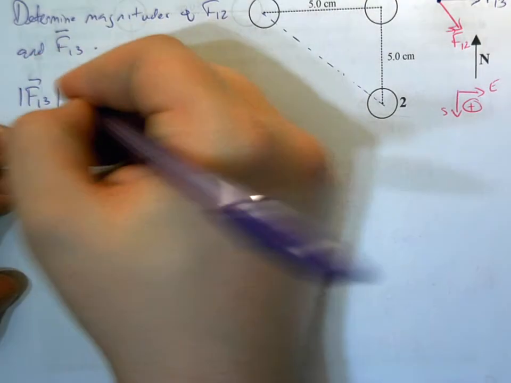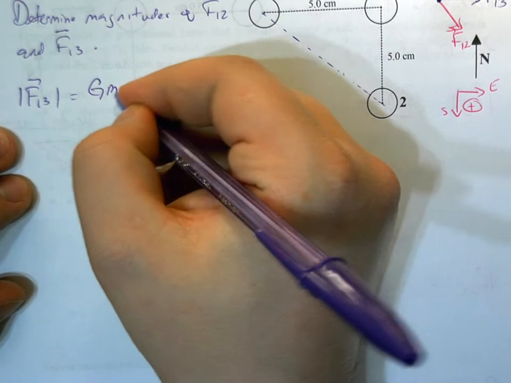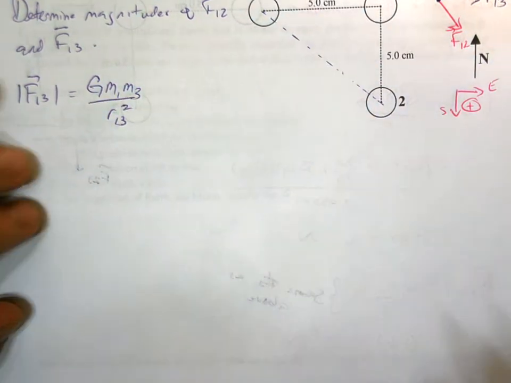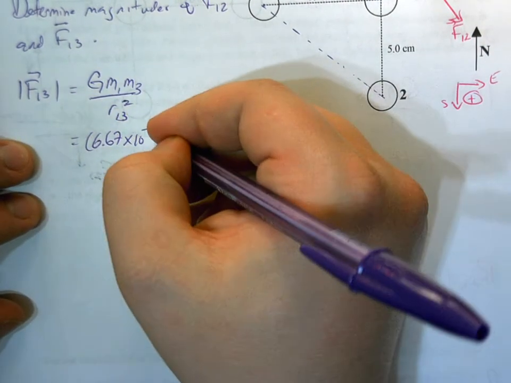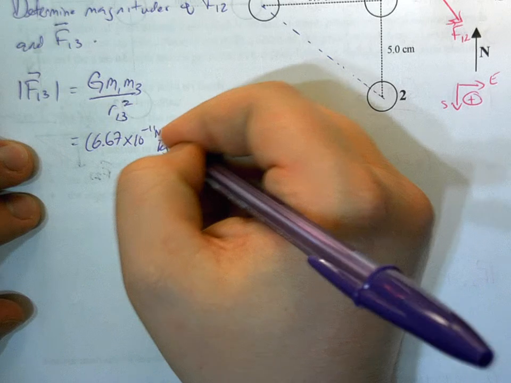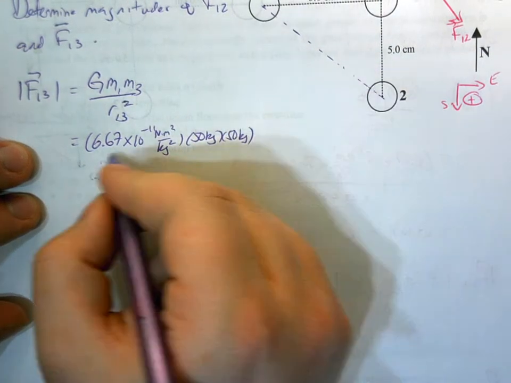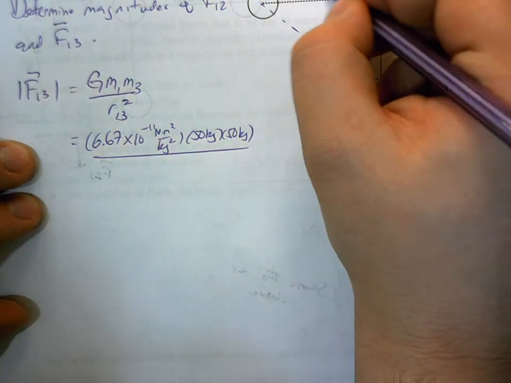So the magnitude of the force of gravity between 1 and 3, we have G times mass 1 times mass 3 divided by that distance between them squared. So we're going to have that 6.67 times 10 to the minus 11 newton meters squared per kilogram squared. Both masses are 50 kilos. And again, centimeters, we want that in meters.